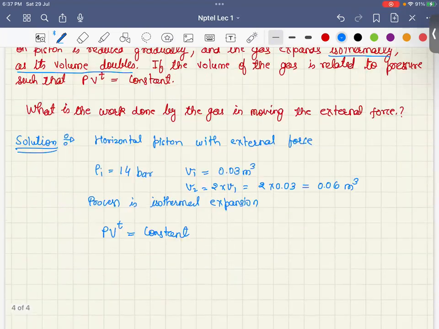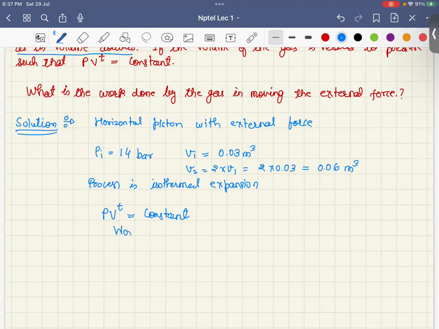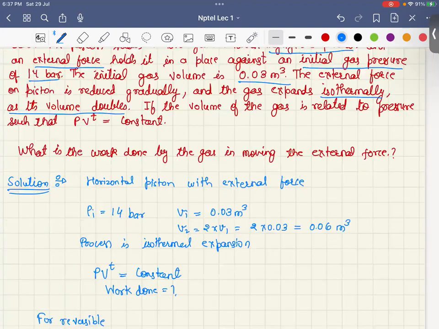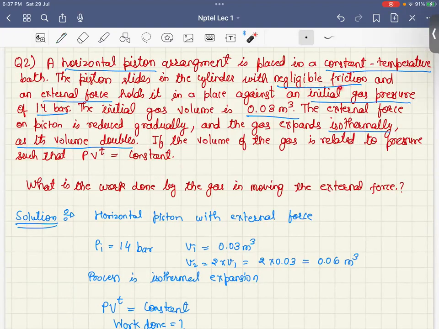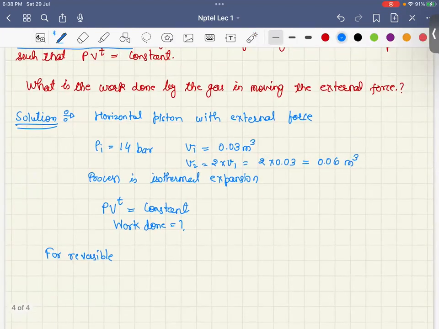So what we are asked is, what is the work done? Work done equal to what? So for a reversible process, so why will we be taking the assumption of reversible? Because there is negligible friction, right? So hence we are invoking the assumption of reversible process. We know that work done is nothing but negative of integration from initial volume to final volume of PdV, right?